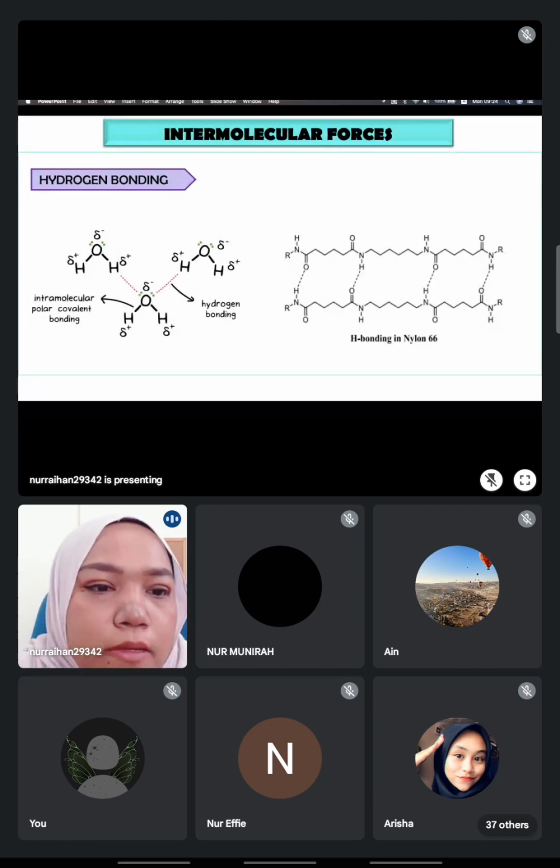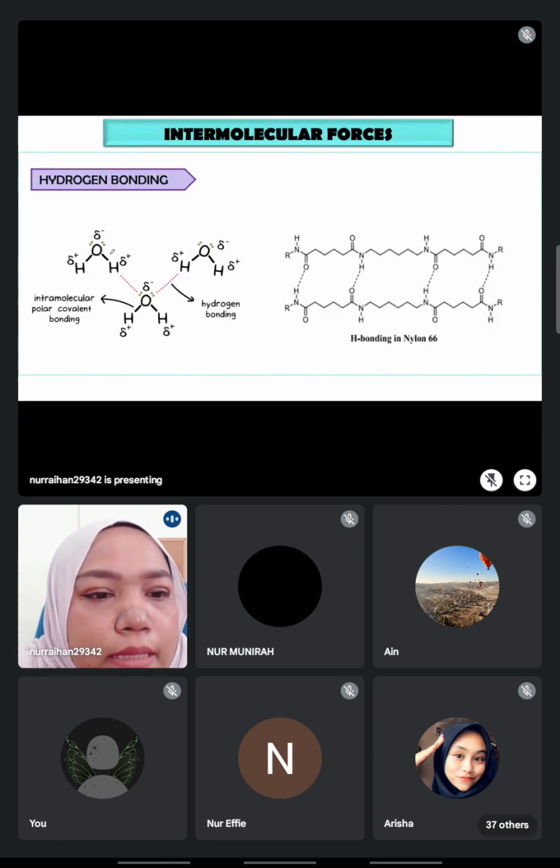Sebagai contohnya, okey, kenapa yang ni tak panggil dia sebagai hydrogen bonding? Okay, disebabkan kalau you lihat, ini adalah atom hydrogen, ini adalah atom oksigen dan ini adalah atom hydrogen. So this one is not considered as the hydrogen bonding, walaupun saya dah mention tadi, dalam hydrogen bonding, hydrogen ni mestilah attach dengan fluorine, oksigen dan juga nitrogen.